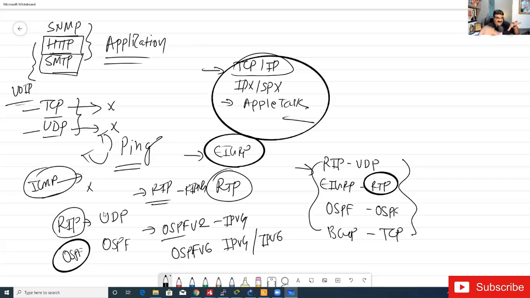But in the case of EIGRP, we don't have a new version. The same EIGRP supports IP version 4 as well as IP version 6. And we will configure this particular system today.